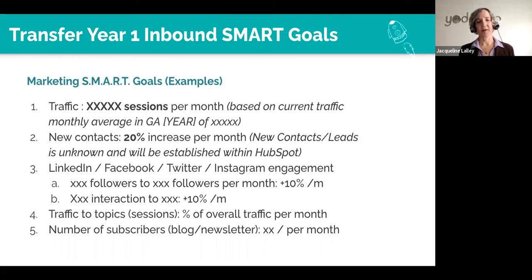So we organize content marketing into topic clusters, and we'll talk a little bit more about what that is when we get to the activities part of things very soon. But you can look for traffic that's coming to your website that deals with specific topics that you're really looking to promote right now. The number of subscribers to the blog or newsletter. All of these obviously need to be pegged to a particular period of time in order for them to be SMART goals. And these are the things that you're going to use to plan activities and then measure as you move through the year.